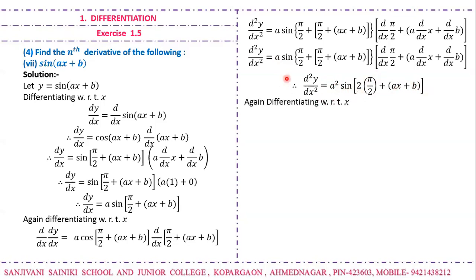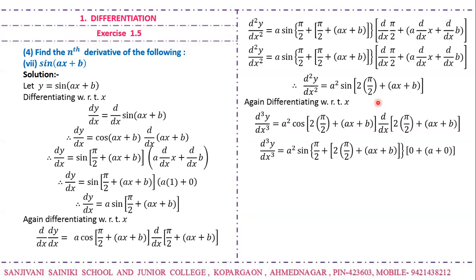Now we will again differentiate this function with respect to x. a square is as it is, the derivative of sine f of x is cos f of x into f dash of x. So f dash of x means the derivative of 2 pi by 2 plus ax plus b. 2 pi by 2 is a constant, derivative 0. b is constant, derivative 0. Now the derivative of ax is a.